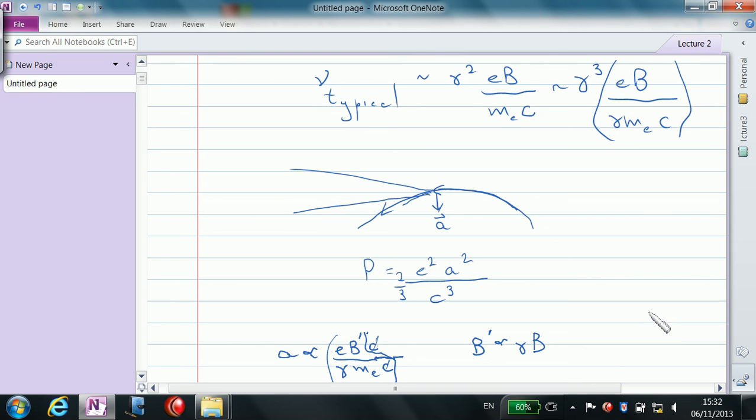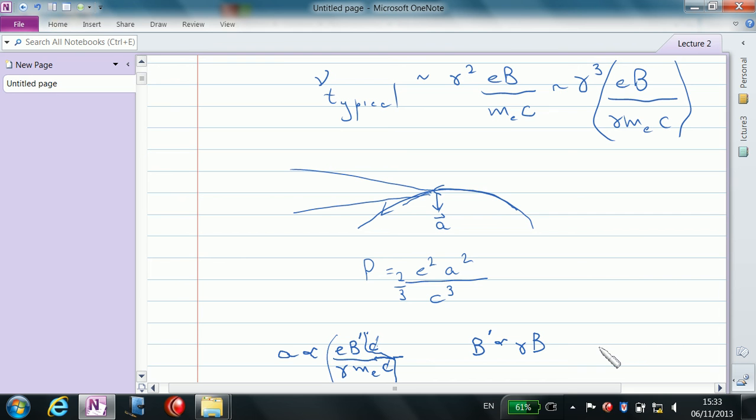Okay, no, this isn't going to work. B prime is equal to... But the Lorentz force is e v cross B. But this is not in the electron frame.